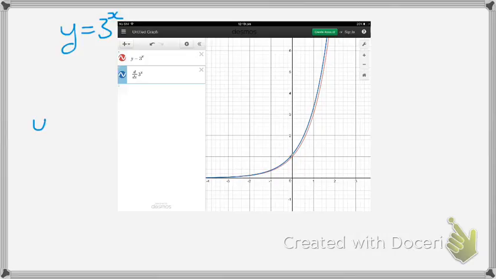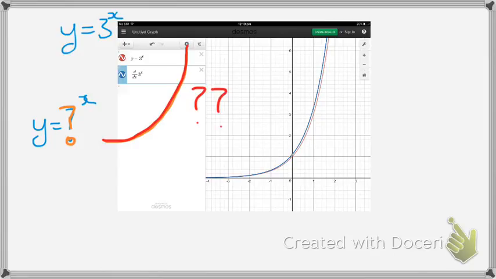So hopefully you're asking yourself, can I find some number, y equals question mark to the x, where the curve is identical to its derivative? And the answer is, of course I can.